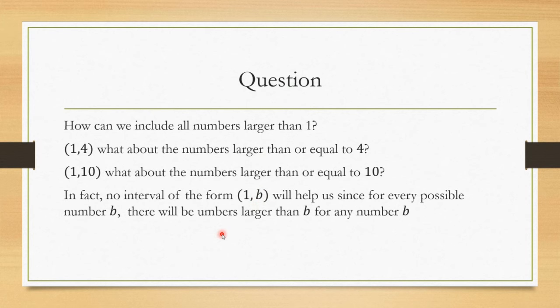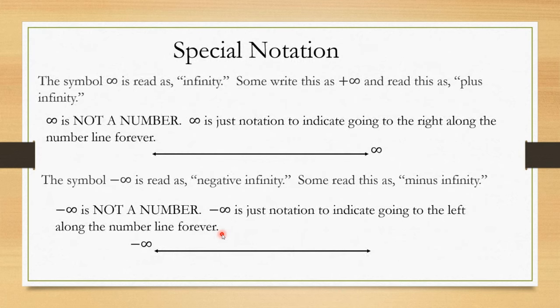Now, I'm not sure which mathematician first came up with this notation. I want to say it was George Cantor, but I could be wrong about that. But there's special notation that we can use to help us here, and that's what this figure 8-like symbol is. This is notation, and it's read as infinity.